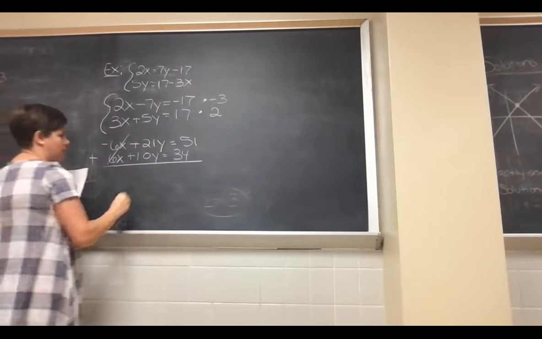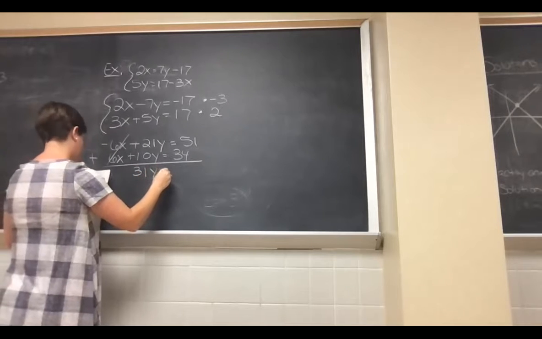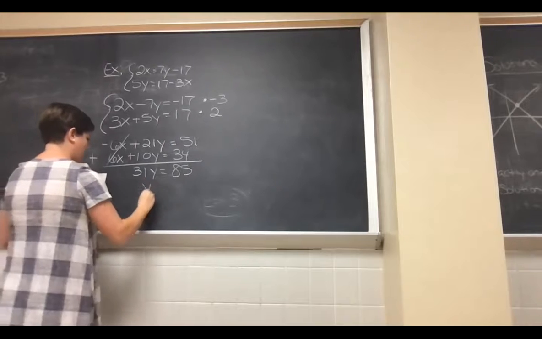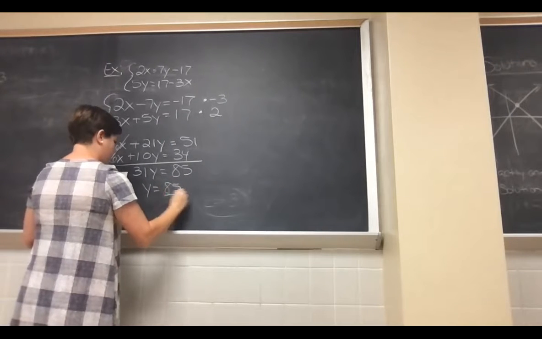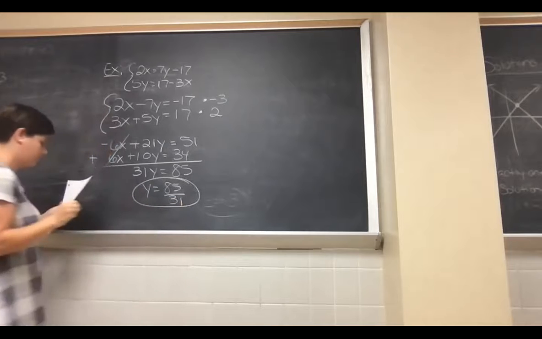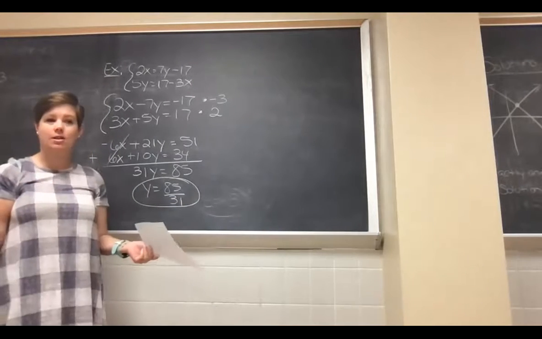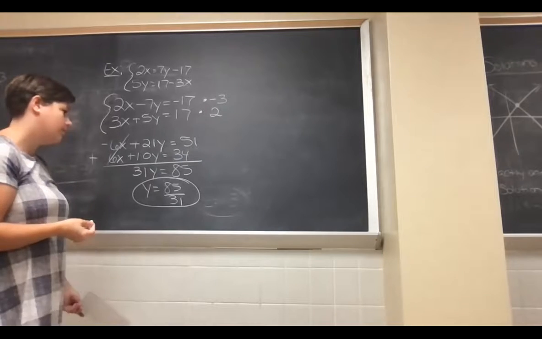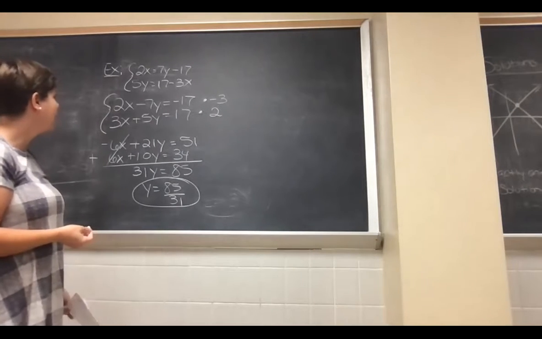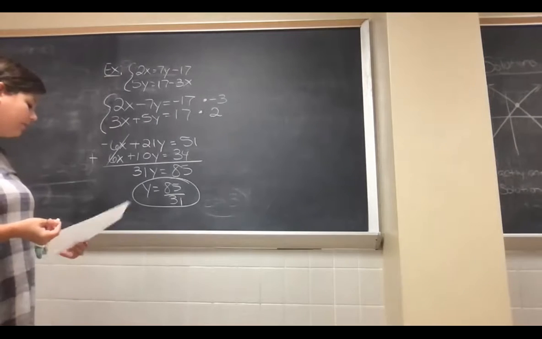Those go away. 21y plus 10y equals 31y equals 85. So y equals 85 over 31. 31 is a prime number, so I know I can't reduce that down. It's not a multiple of 85. That's it. I mean, you might get fractions, and that's okay. Do we like fractions? Not always, but that's also okay.